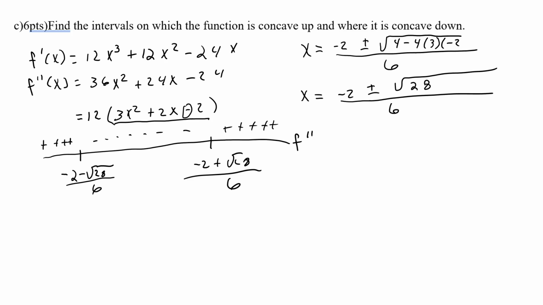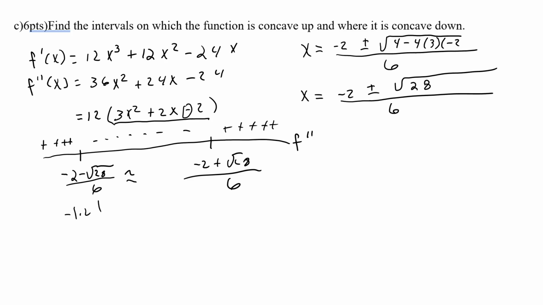So you could plug in numbers if you like, or you could look at the graph, whatever you choose. You could get a decimal approximation for negative 2 minus the square root of 28 divided by 6, and that's approximately negative 1.21.